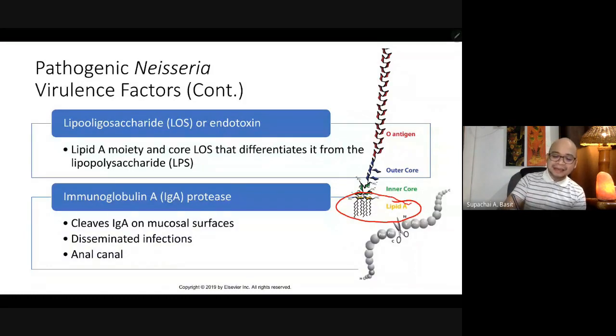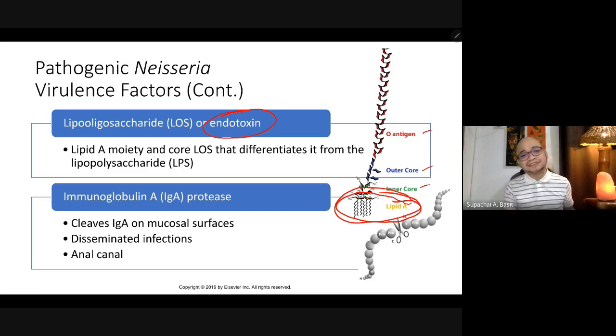But anyway, the endotoxin or the LOS also contributes to the virulence. So it is made up of the O antigen, the outer core, the inner core, and the lipid A, which allows it to be differentiated from the LPS.